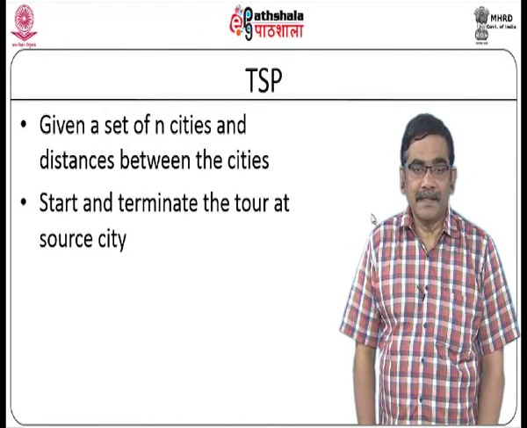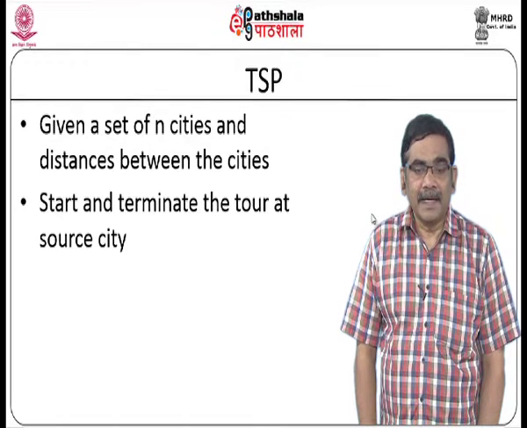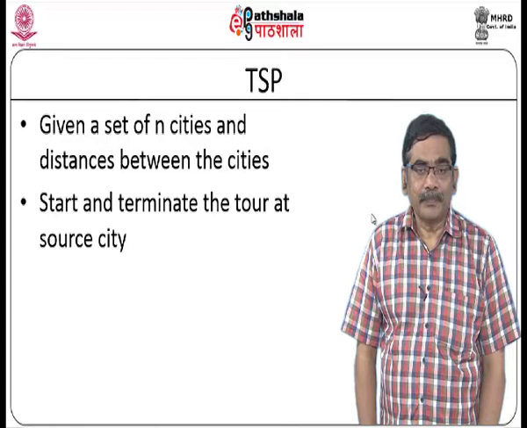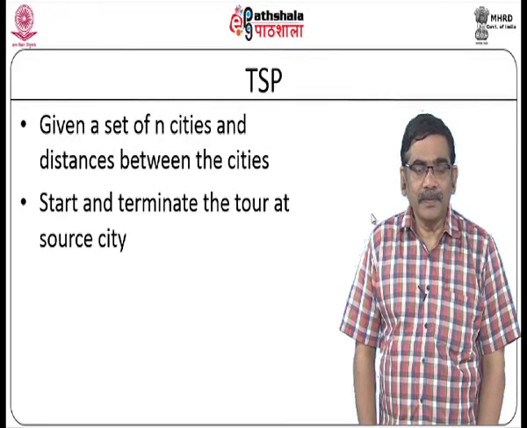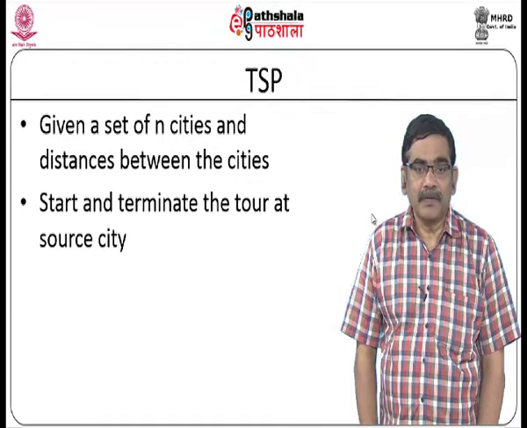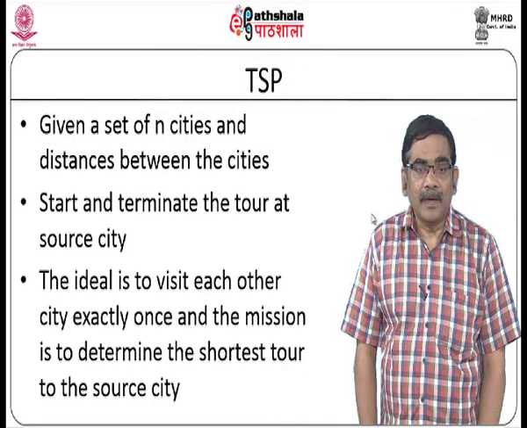You can model this as a sort of directed graph, with edge weights that represent the various distances between the cities. The salesperson is supposed to start from his town, maybe his hometown. Then he has to visit all other cities exactly once, and he has to come back to the original city.